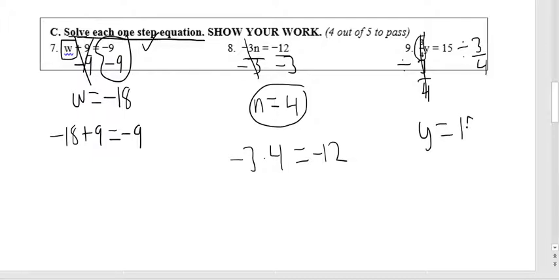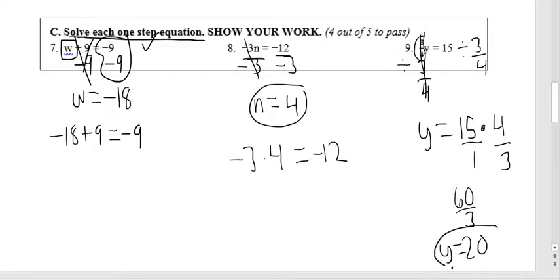And then when we have 15 divided by 3/4, the way that you divide fractions is you flip the second one over and then you multiply. So 15 times 4 is 60, 1 times 3 is 3, and 60 divided by 3 is 20. So y equals 20. That is your solution.